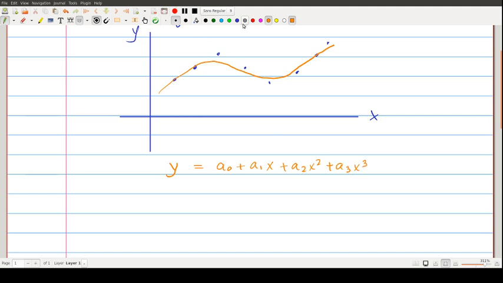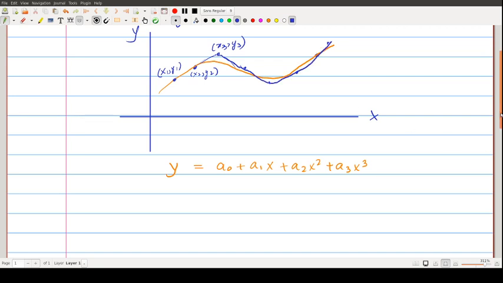Now, because I have these data points, let's say this point was x1 y1, this point was x2 y2, this point was x3 and y3. The minimum requirement that I want is at least this curve should go through these points, right?